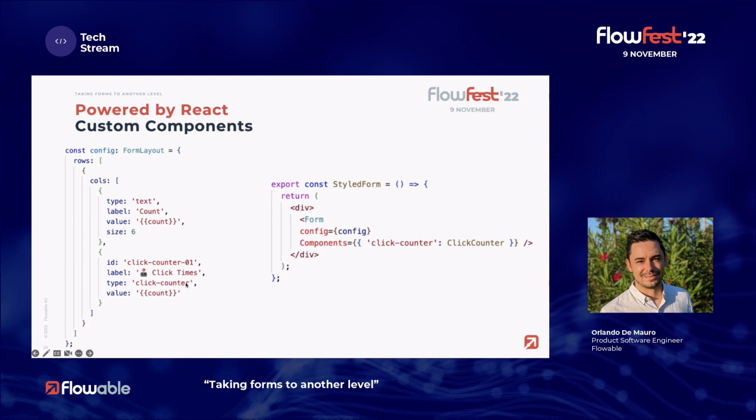So the type is the key that will then be used to define the map that we pass to the component's property, to our form component. So here we are going to say to the form component, every time you see the key click counter, you need to render our custom component. And this will render what I showed you before, the click counter.